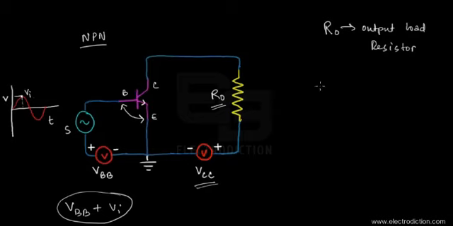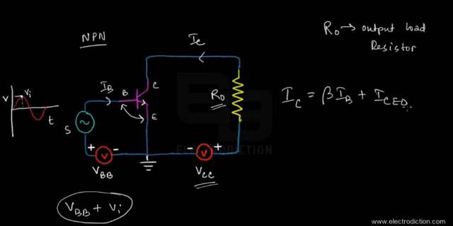Why? It's because in the case of the CE mode of BJT operation, we came to know back in our previous tutorial on the comparison of the BJT modes that the output current, that's the collector current, which is going to flow somewhere in this direction, is obtained as beta IB plus ICEO.